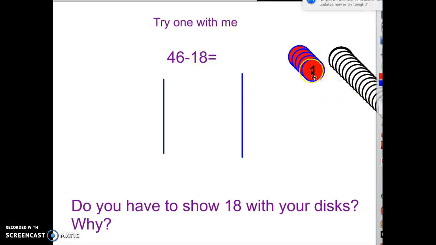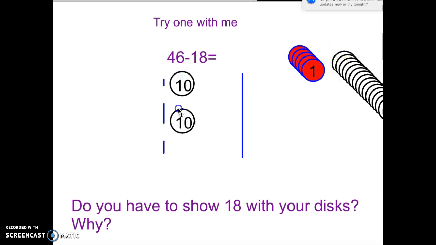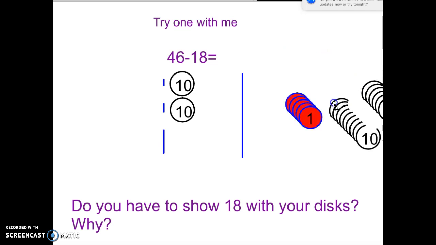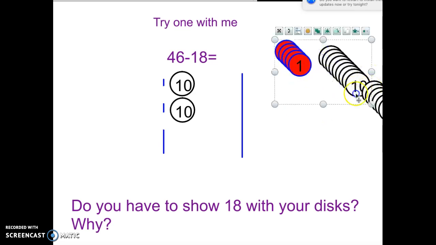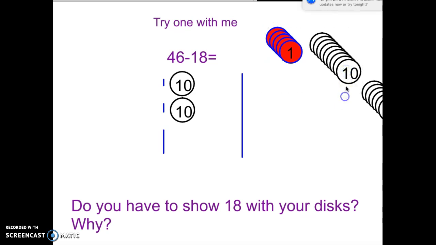So I'm going to just show by placing 10, 20, 30, 40, okay, and you do that too. So we have 40, and then we're going to have 6.